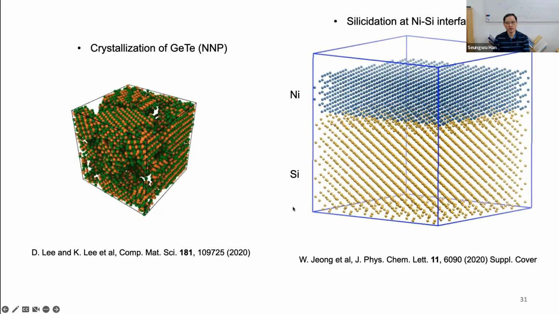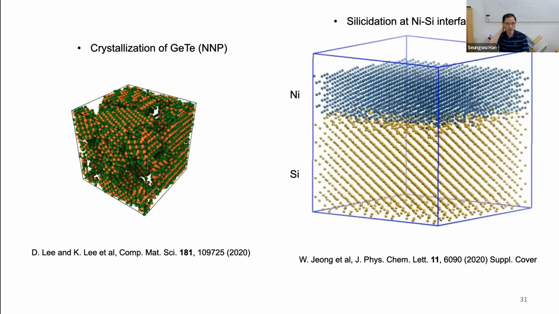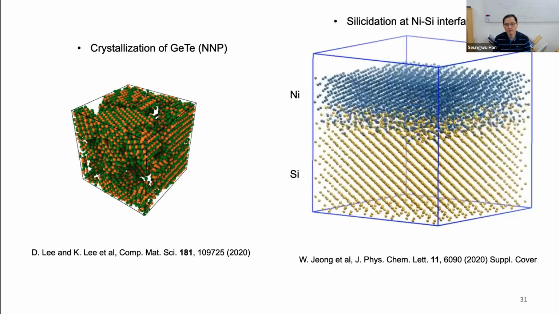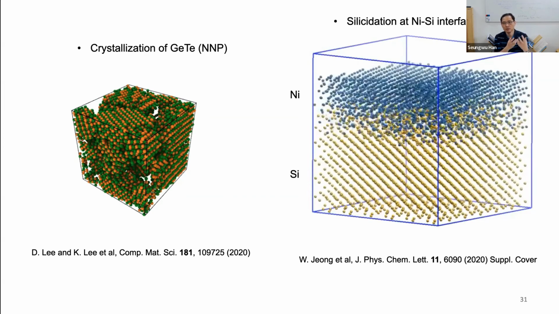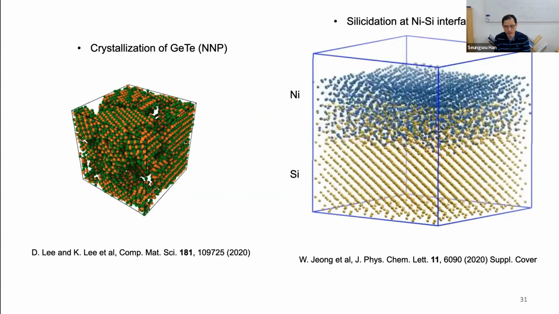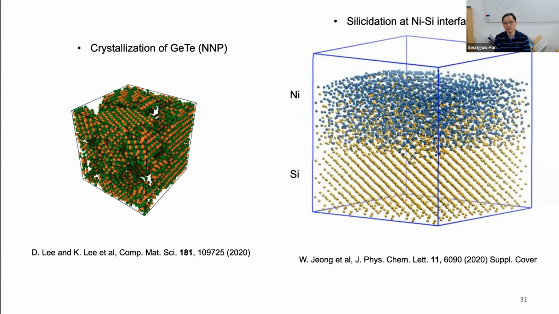So we can do this. And this is the interface reaction between nickel and silicon. This is one of the very famous semiconductor processes. And we can see that nickel and silicon interact and make the compound, make the alloy within the interface region. Right. Okay. So you can do this.